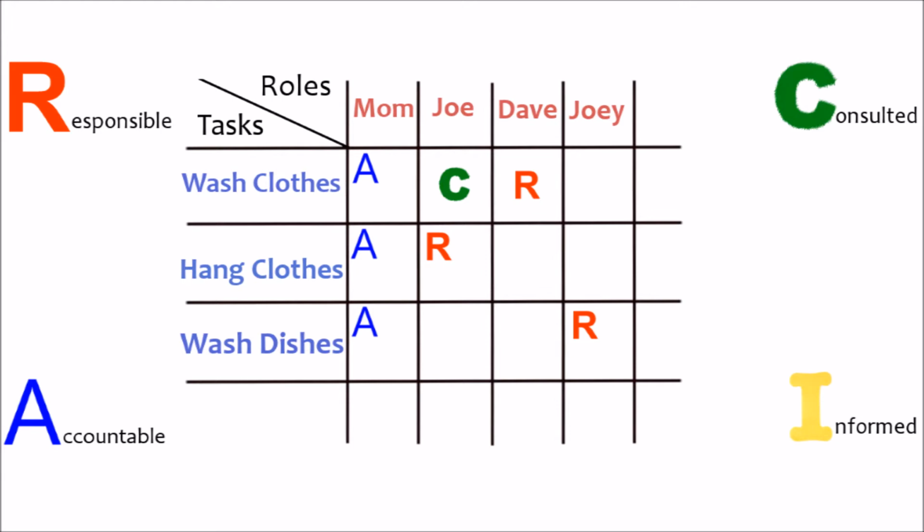Now C stands for consulted. Consulted means this person has to be consulted or could be consulted in order for the responsible person to perform his task. So for the clothes washing task, we can see that Dave is the person who's responsible for this.